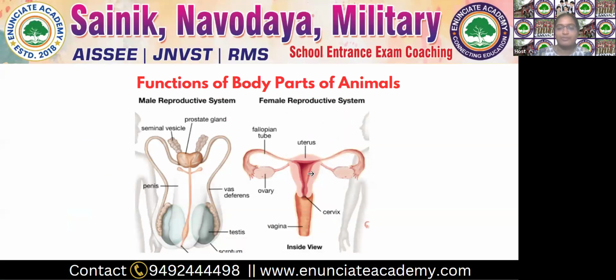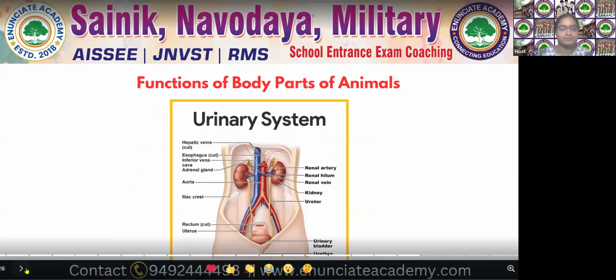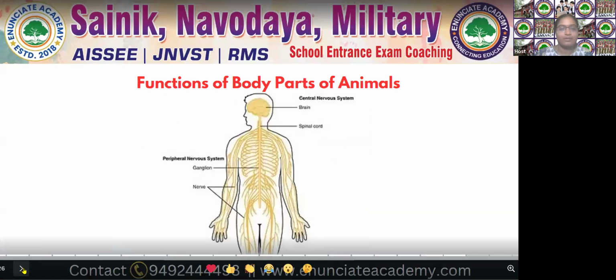This is the fallopian tube. These are the ovaries. This is the uterus. This is the female reproductive system. This one is the male reproductive system. This one is the nerve system, or sensory system.